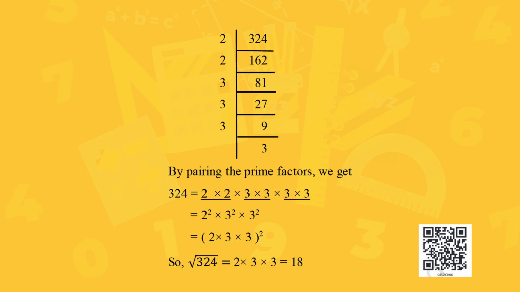Now, let us try to look at them in pairs. Observe clearly, the first two 2's we will write as 2 square, multiplied with the next 3 times 3, which we will write as 3 square, multiplied with the last 3 times 3, which we will write as 3 square. So, this we can rewrite as 2 times 3 times 3 whole square.